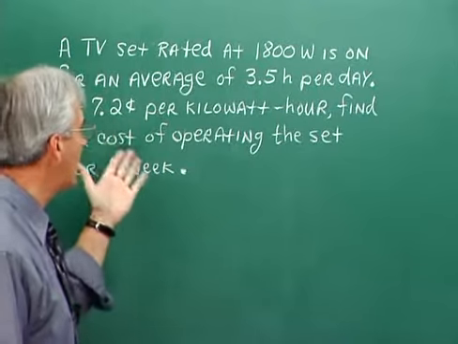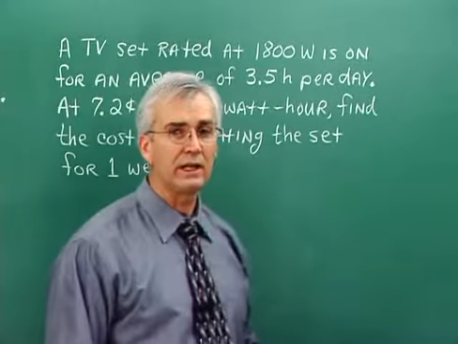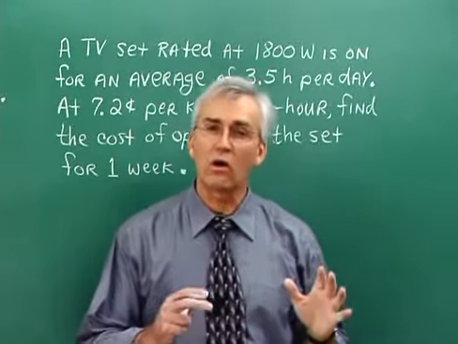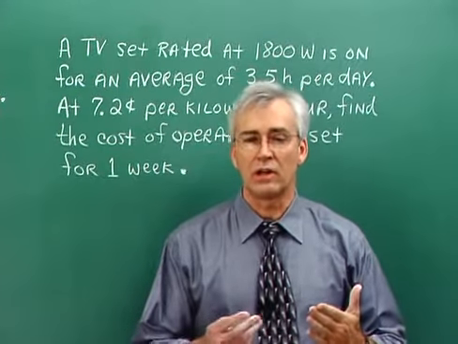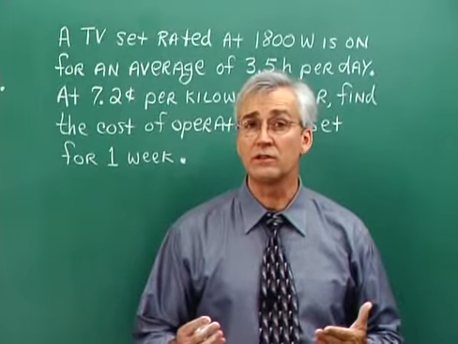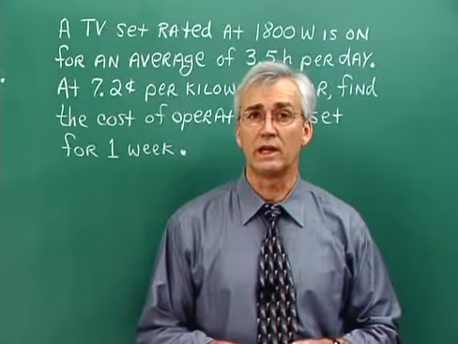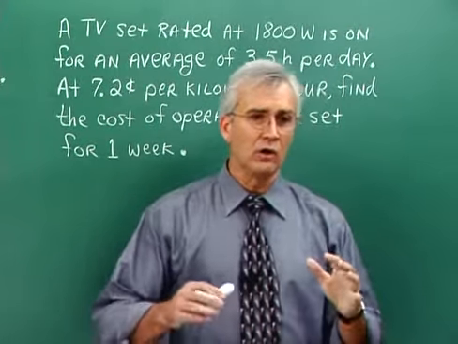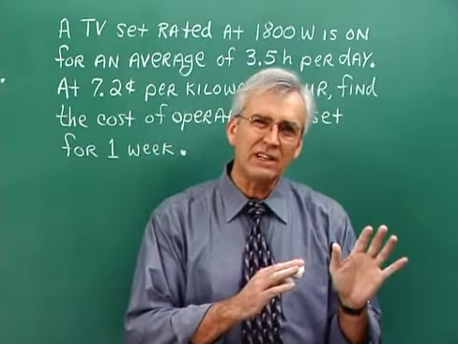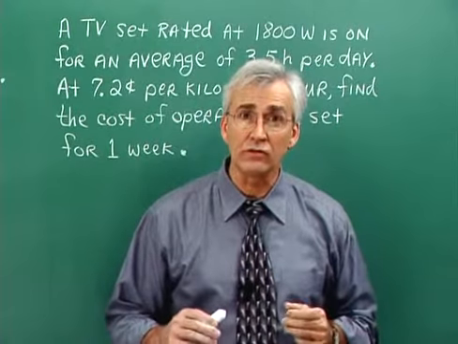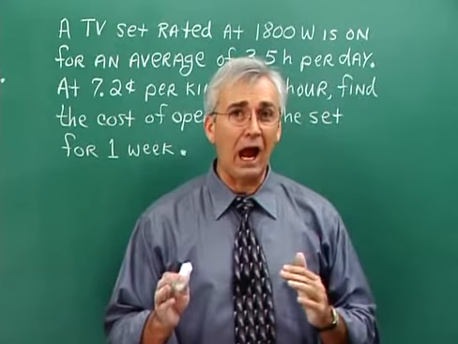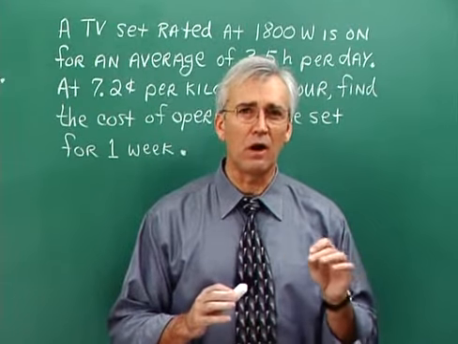Now, again, the problem seems complicated at first, but we need to dig into it and stay organized in order to flow through the problem well. We need to know first the total number of hours that the TV set is going to be on throughout the whole week. And then we use the information about that 1,800 watts to generate a number in watt hours. And once we have the watt hours, we convert that to kilowatt hours.